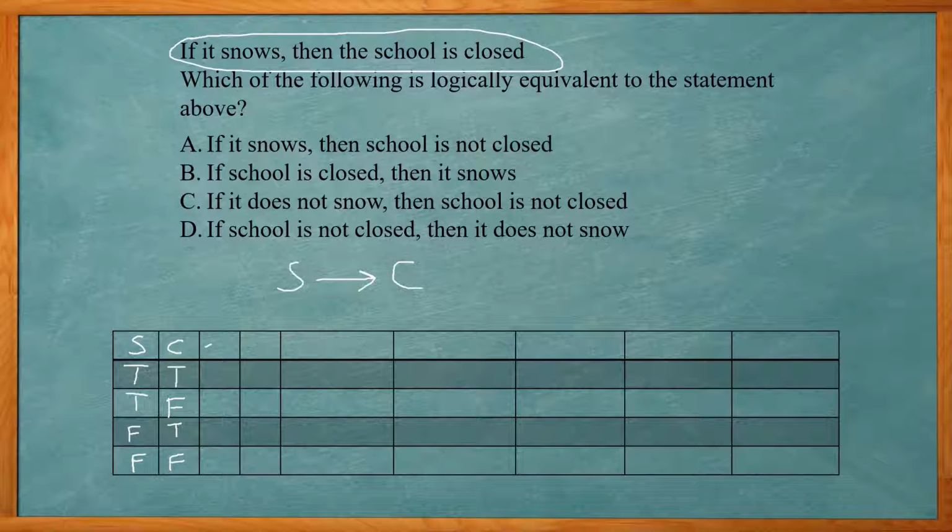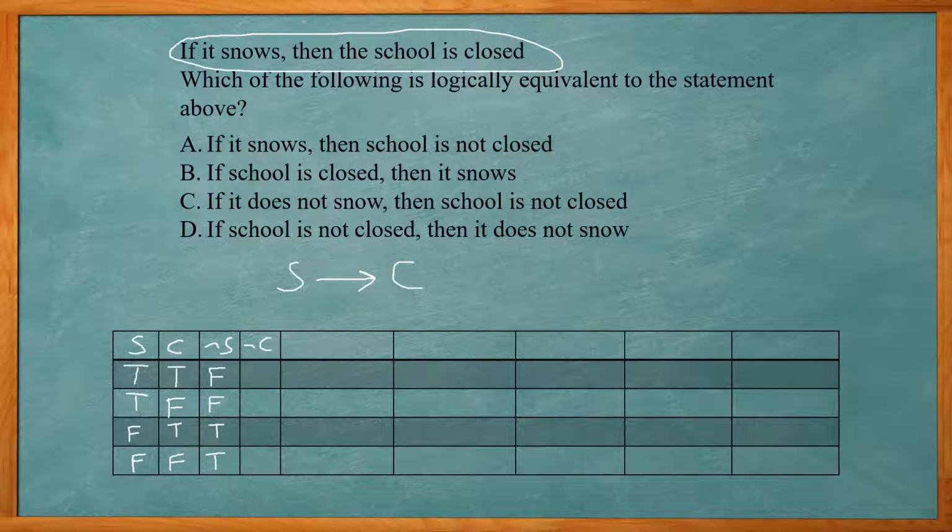Then I'm going to build not S and not C, which basically means the opposite. So if S was true in the first row, not S is false. Second row was true, not S is false. And the last two rows, false and false for S, it's going to give us true and true for not S.